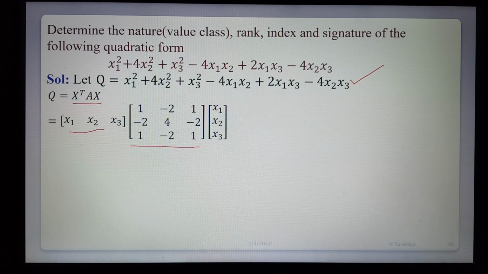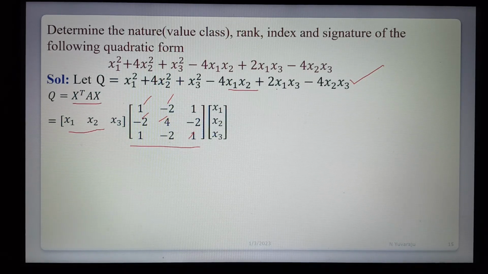So matrix A is the coefficient matrix. For the first variable, the coefficients of x1 square, x2 square, x3 square are the diagonal elements 1, 4, 1. Next, the x1x2 coefficient is minus 4, so that is minus 2, minus 2.